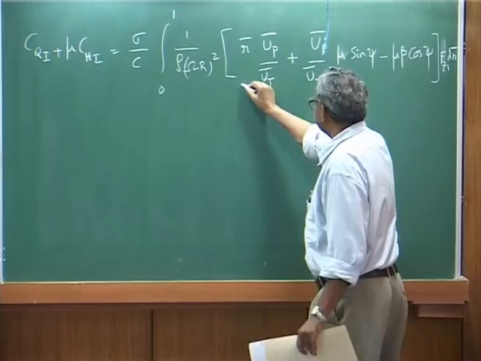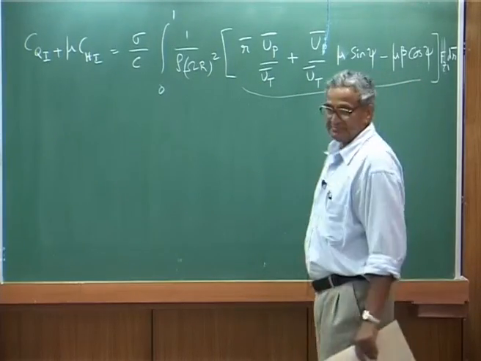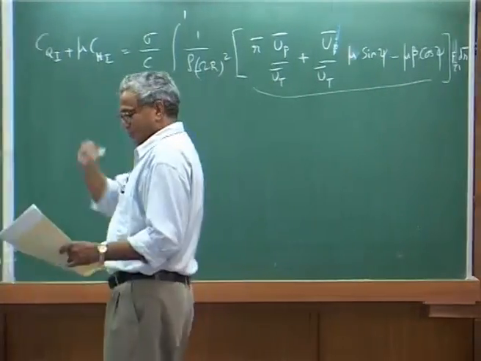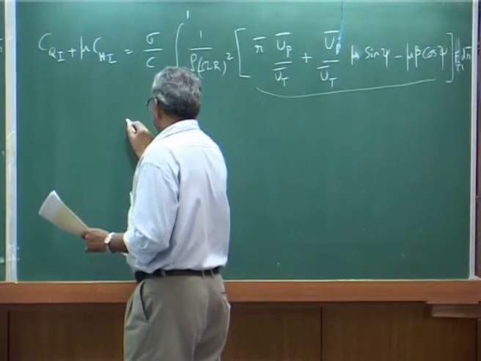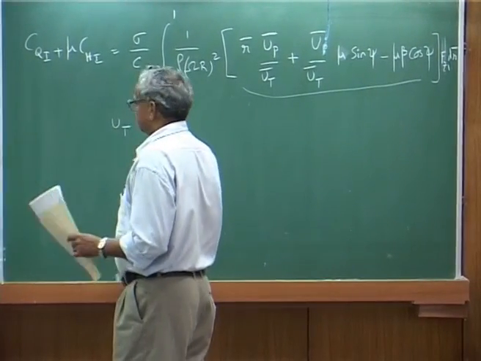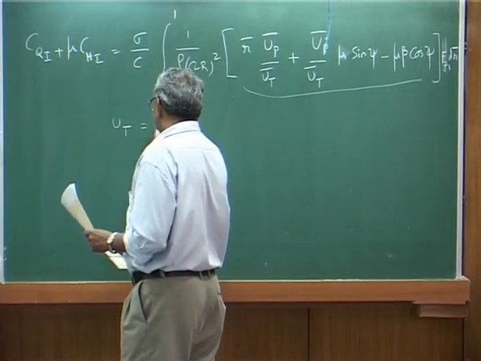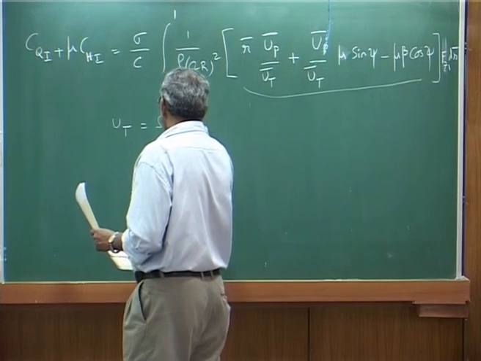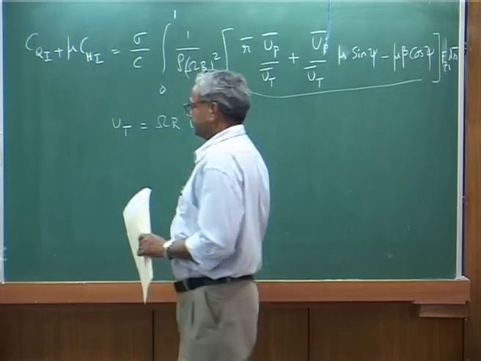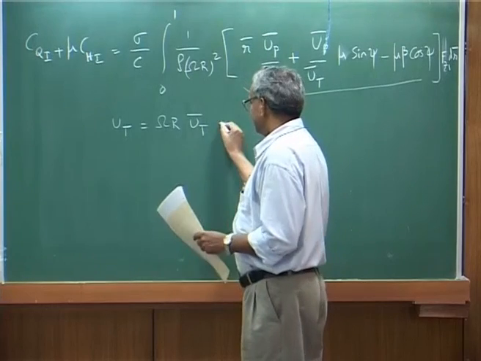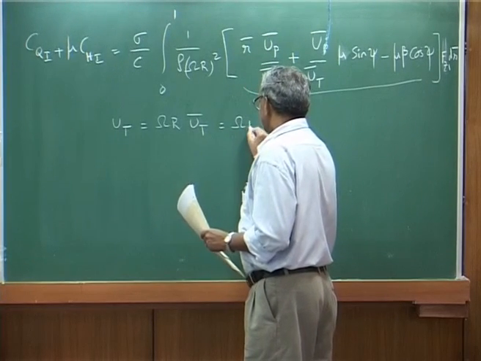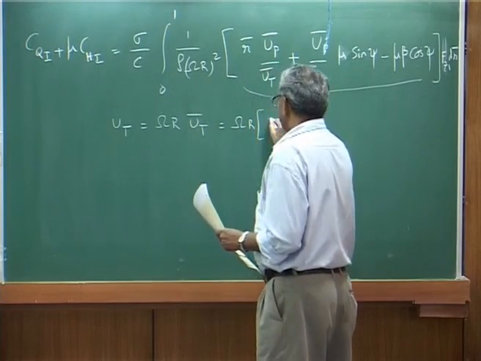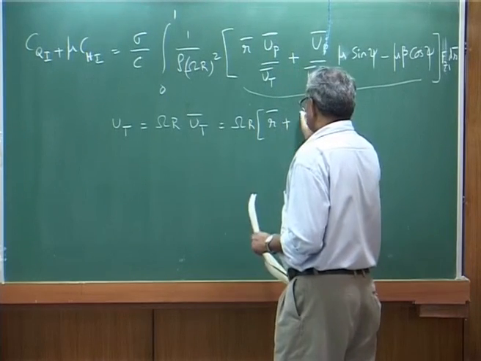Now, you look at this term, if you go back to your notes, you will see ut was defined as omega r ut bar, which we wrote as r bar plus mu.